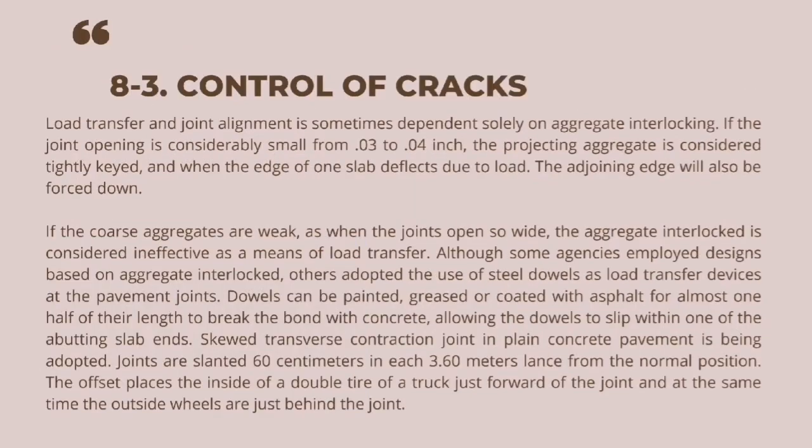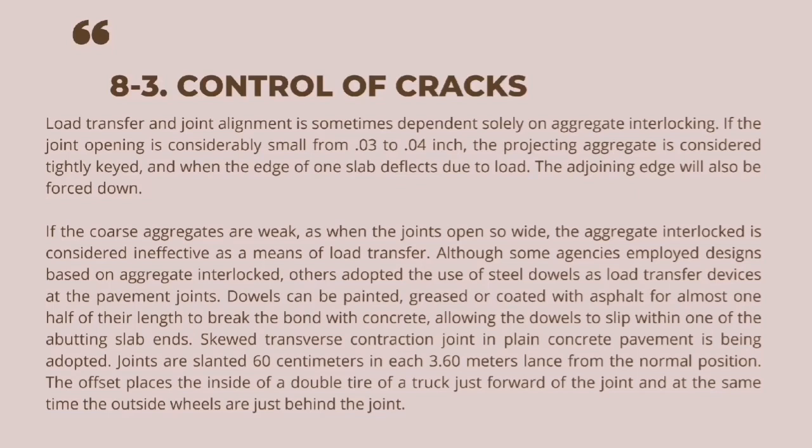Control of cracks. Load transfer and joint alignment is sometimes dependent solely on aggregate interlocking. If the joint opening is considerably small, from 0.03 to 0.04 inch, the projecting aggregate is considered tightly keyed, and when the edge of one slab deflects due to load, the adjoining edge will also be forced down.